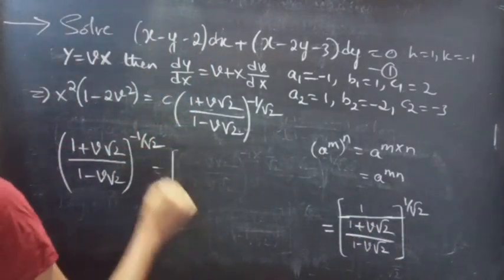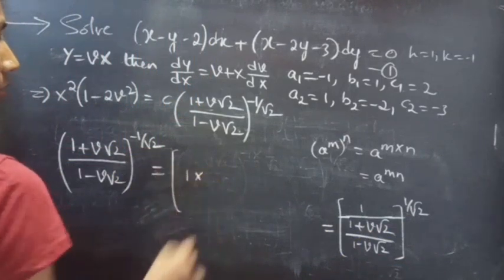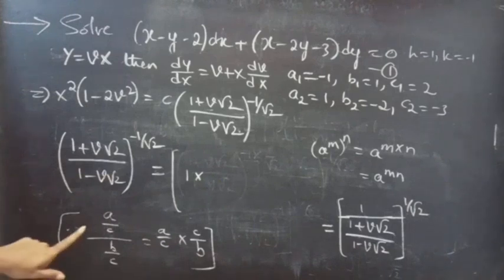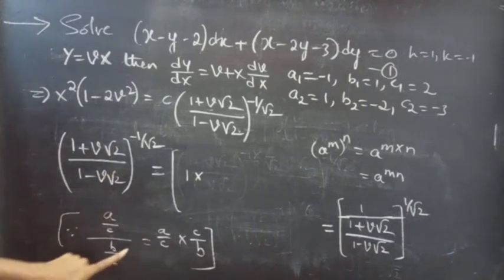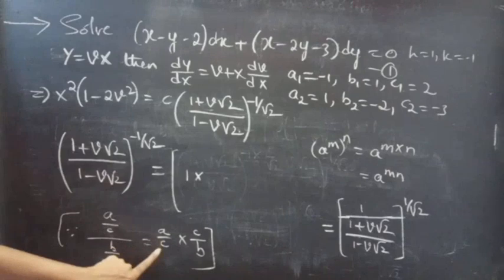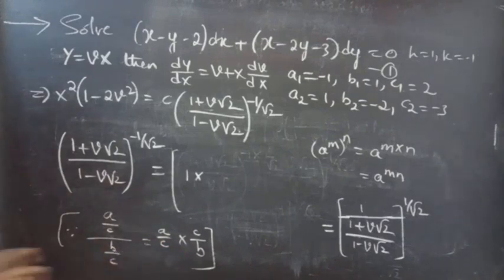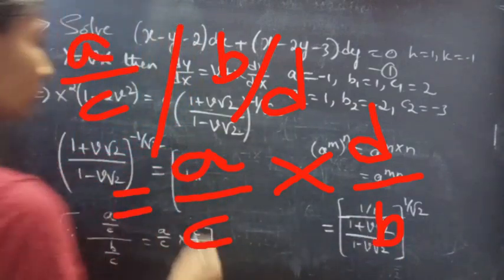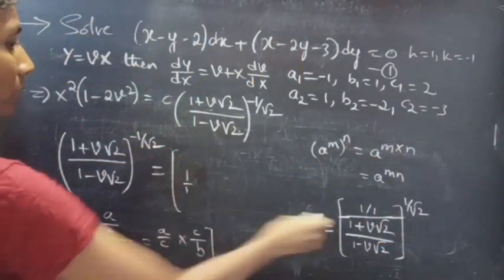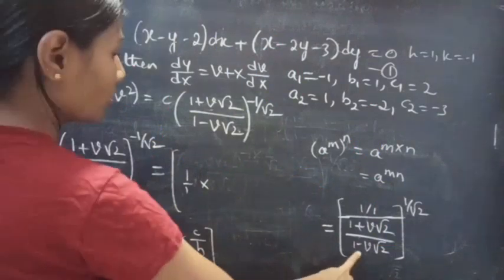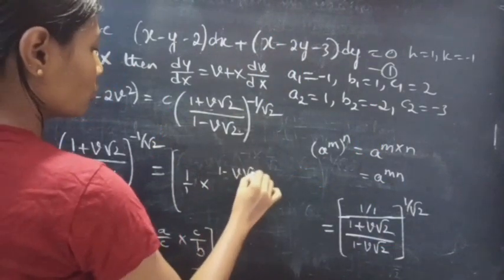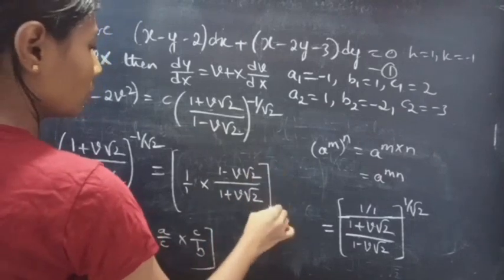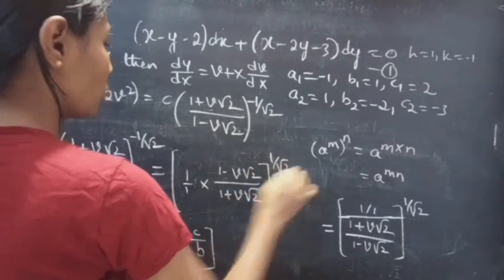Okay, you can write this as 1 into... we know that a by c by b by c can be written as a by c into c by b. Likewise, we'll write this 1 as 1 by 1. Then you can write this as 1 by 1 into (1 minus root 2)/(1 plus root 2) power 1 by square root of 2.